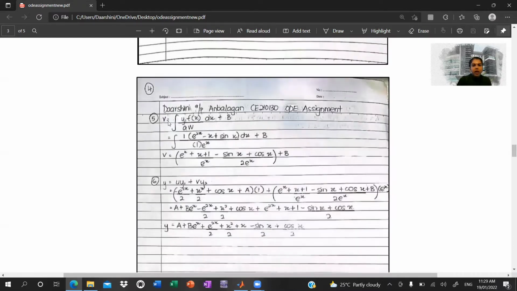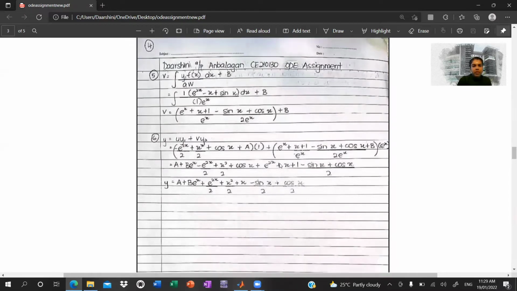To calculate V, this is the formula: integrate y1 f(x) over a W dx plus constant b, and my final value for V is e exponent x plus 1 over e exponent x minus sine x plus cos x over 2 e exponent x plus b.